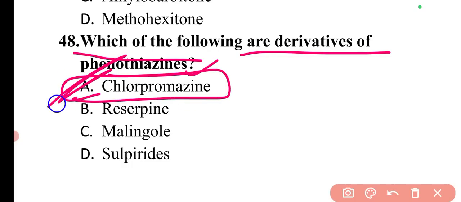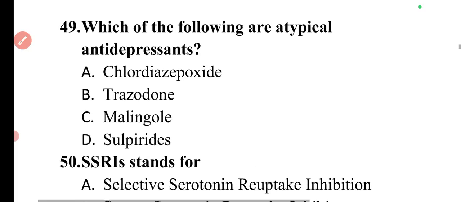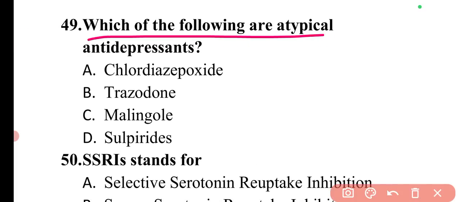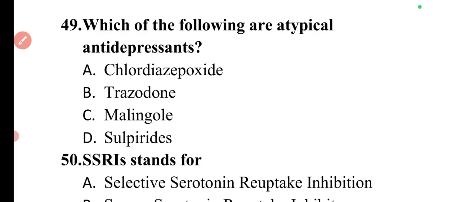So here option A will be the correct answer. Next question is, which of the following are atypical antidepressants? So the atypical antidepressants include trazodone. Trazodone is an example of an atypical antidepressant. So here option B is correct.